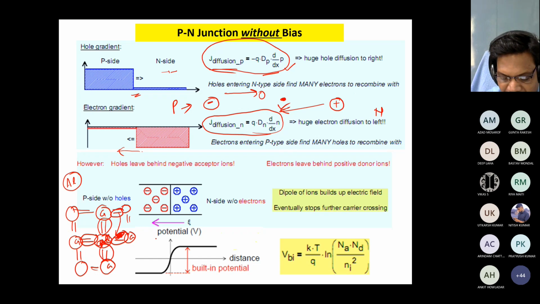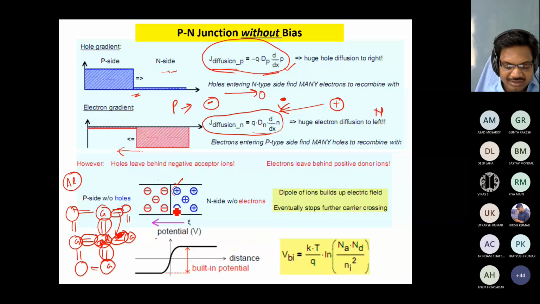Yes, sir. So as a result, in the n side just near the junction, the electrons move towards the other side, recombine and are lost, leaving behind positively ionized donor atoms. Similarly, holes moving towards the n side recombine, leaving behind negatively ionized acceptor atoms. So near the junction you can see uncompensated positively ionized donor atoms and negatively ionized acceptor atoms.